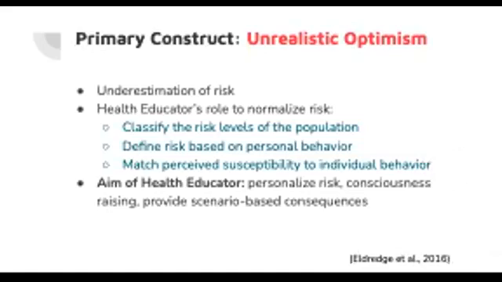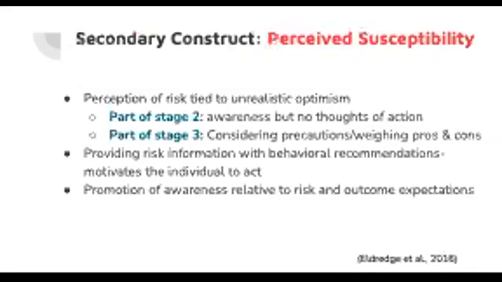Health educators can normalize risk by comparing absolute and normative standards, or the risk to others. Unrealistic optimism is part of personalizing risk. Consciousness raising, specifying consequences, or the risk using probability descriptions and scenario-based risk information can decrease underestimation of risk.